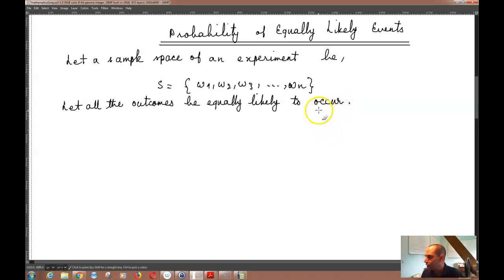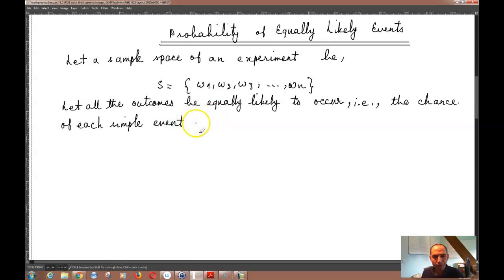That is, the chance of occurrence of each simple event must be the same.